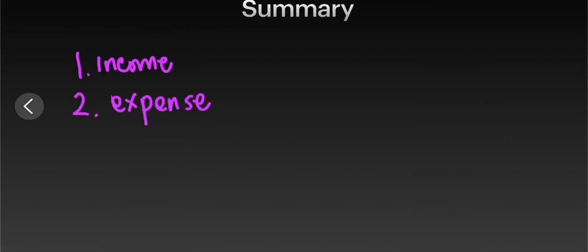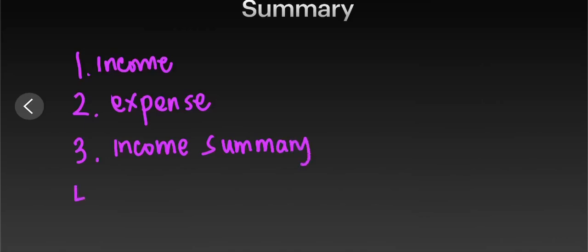So as a summary, there are 4 accounts being closed. Number 1 is income. Number 2 is expense. Number 3 is income summary. Number 4 is withdrawals.